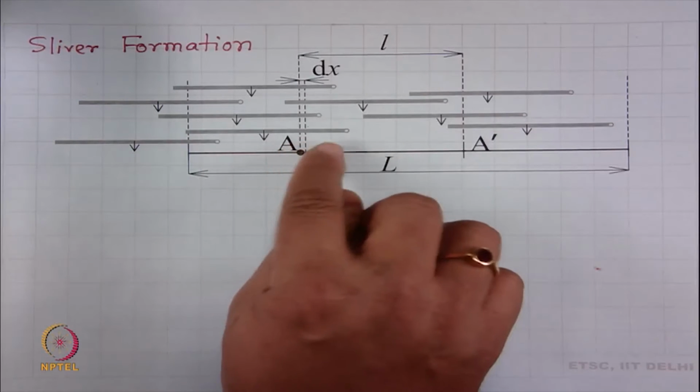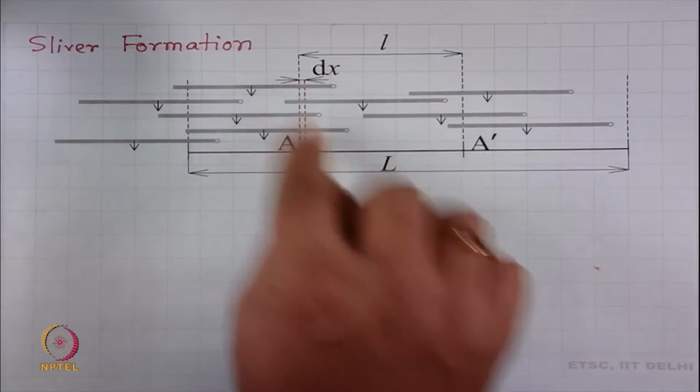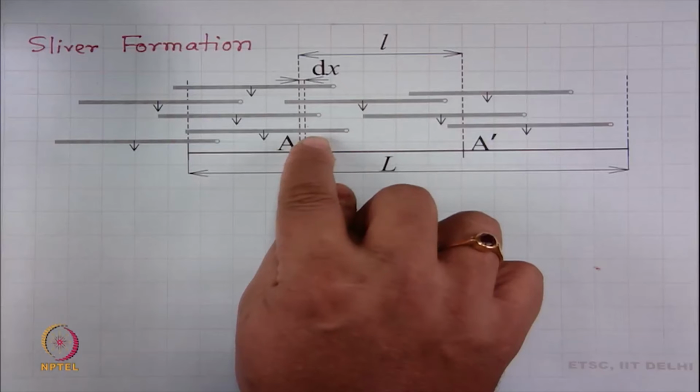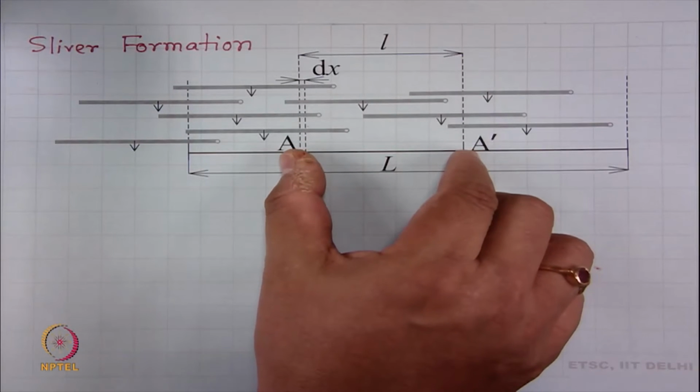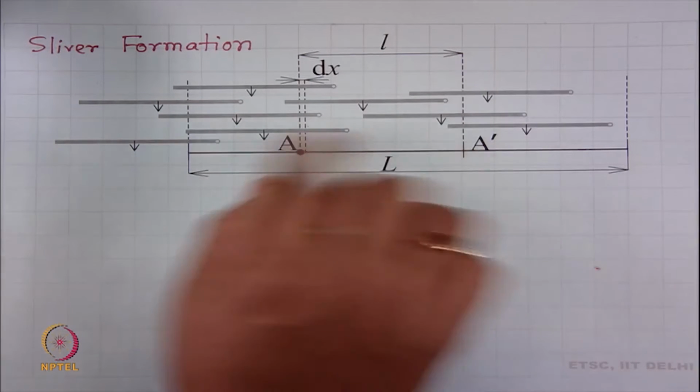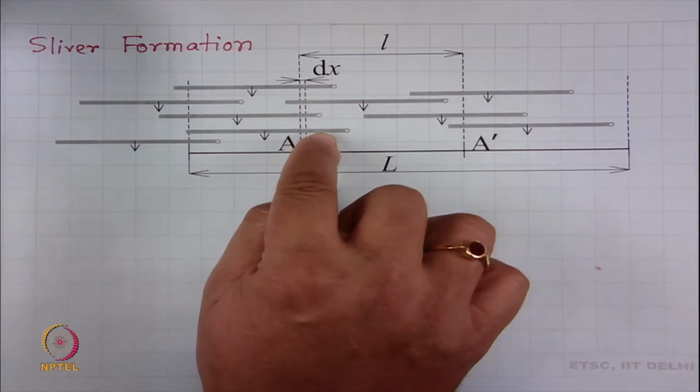If a fiber is passing this line, the right end must lie within small l, otherwise it will not be passing this line.